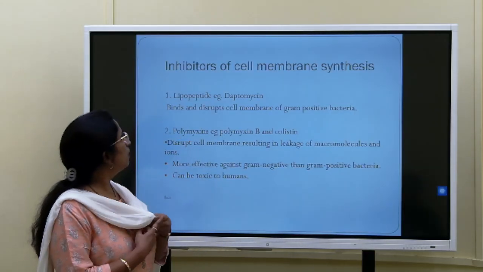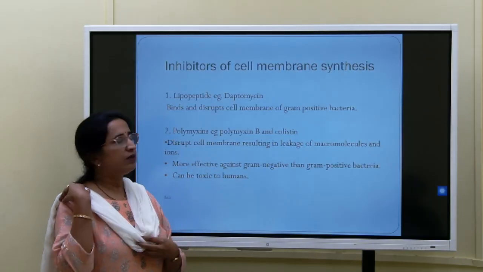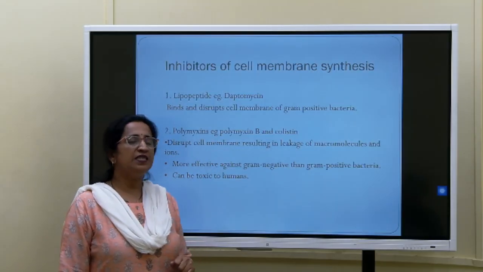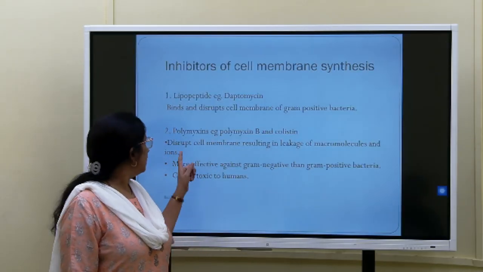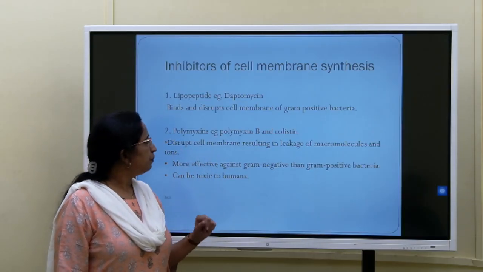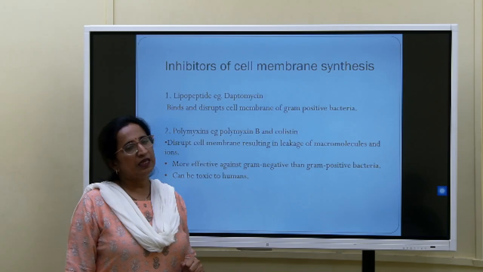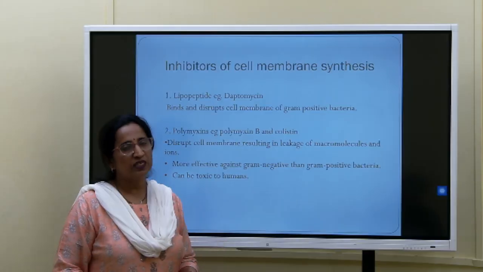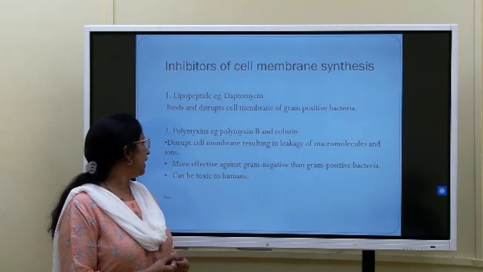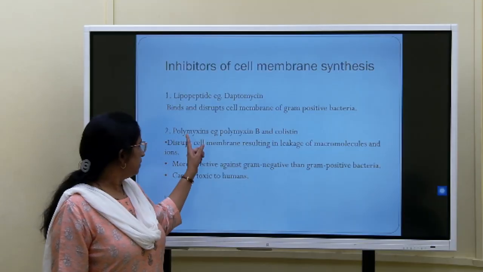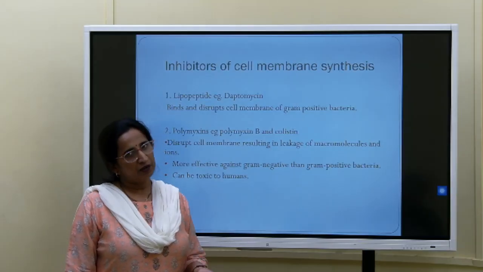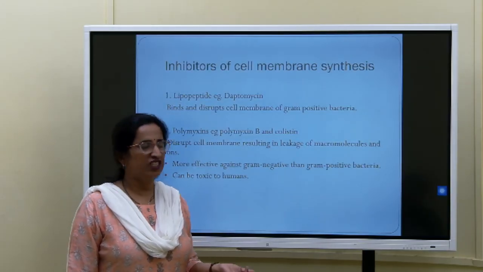The second group of cell membrane inhibitors are polymyxins. Under this, examples are polymyxin B and colistin. They also disrupt the cell membrane, and because of which there is leakage of important macromolecules and ions out of the cell, and the cell will die. But these polymyxins are more effective against gram-negative and not much against gram-positive bacteria.